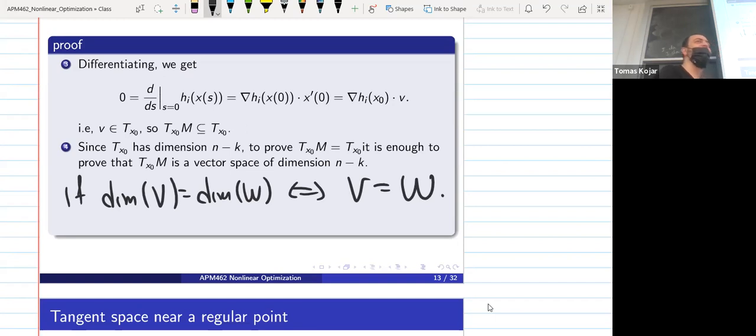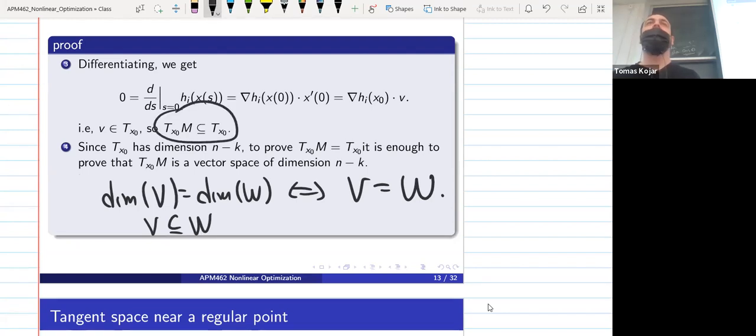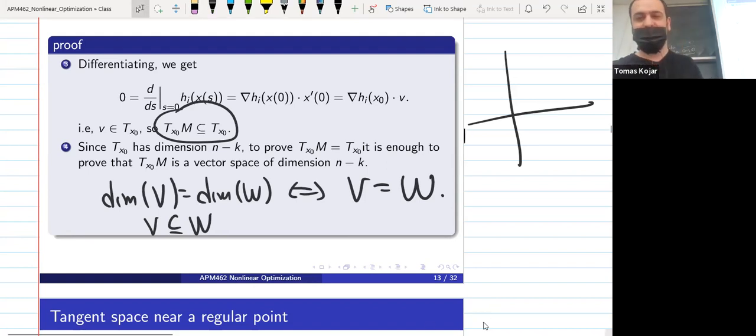Okay, that's a pretty cool fact. And you need one to be inside the other, which we just got. Otherwise, just take the X and Y axis. They're both one-dimensional and they are not the same space. Does that make sense? Okay, good.